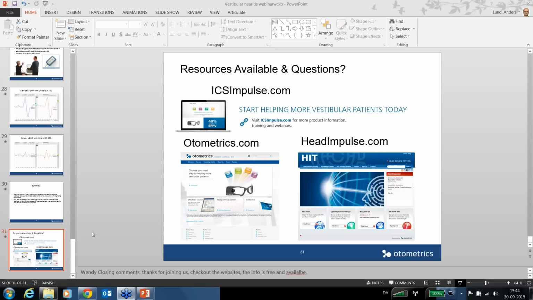And regarding wrong plane stimulated for LARP and RALP, that means that either you don't have the head turned enough, or you're pitching the head towards the nose instead of towards the canal. If you go on ICSimpulse.com, click on how it works, and then scroll down to the LARP and RALP video, I think you'll find that information very useful.